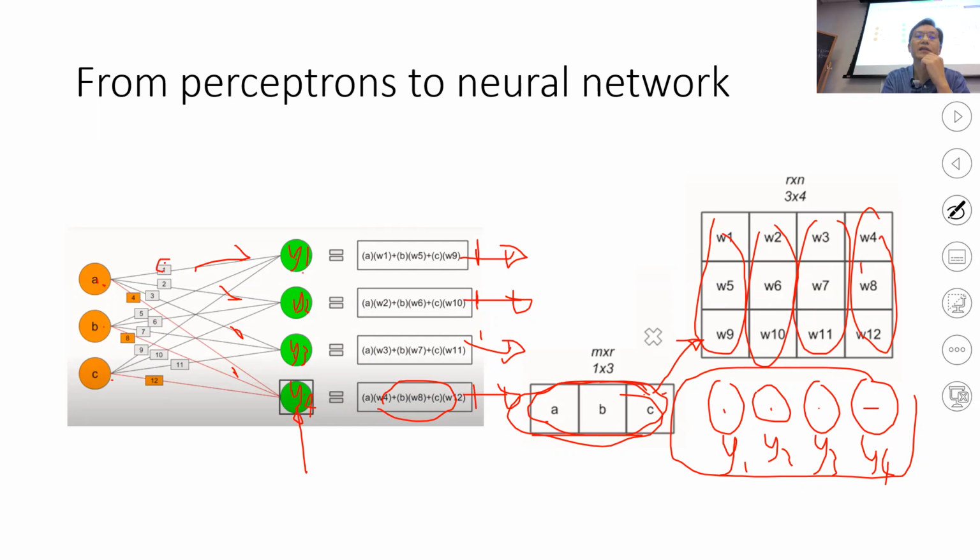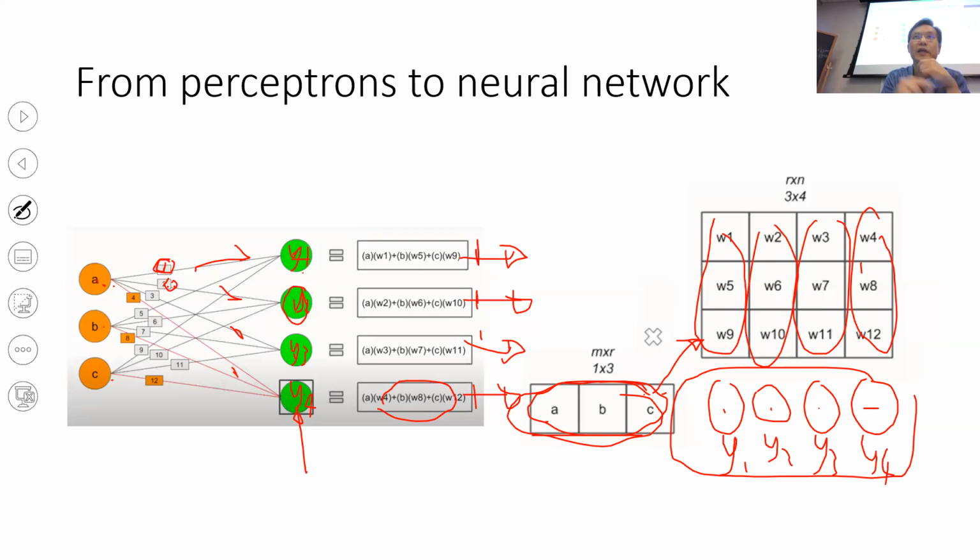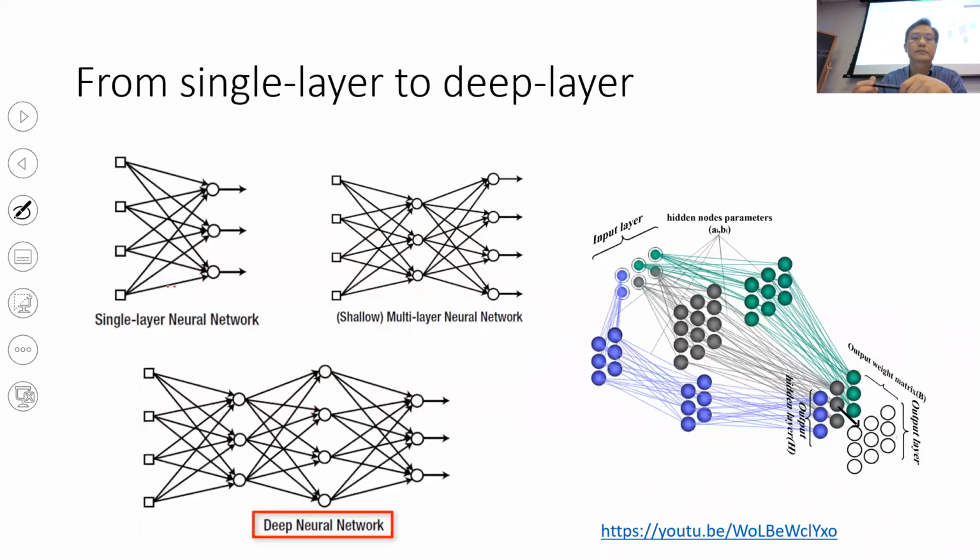By a different weight, yeah. So when you pass on to the first green neuron, you have to multiply by this weight. If you travel to the second neuron, you weigh by this value, so the weight will change.